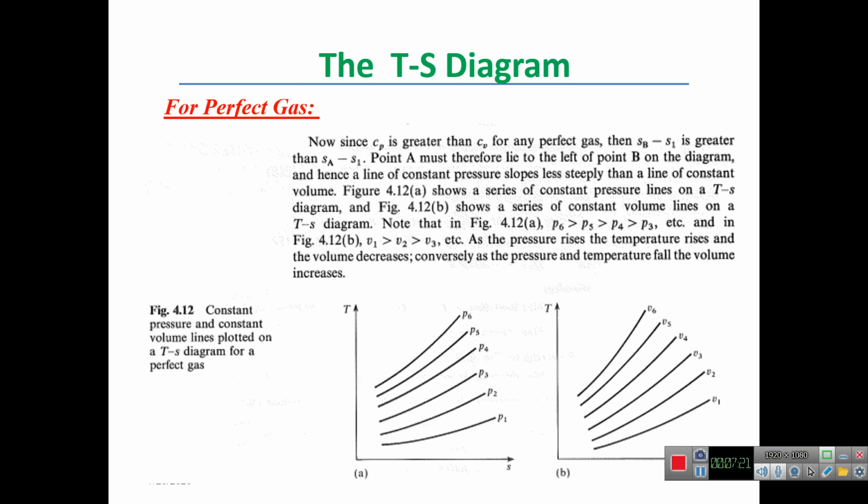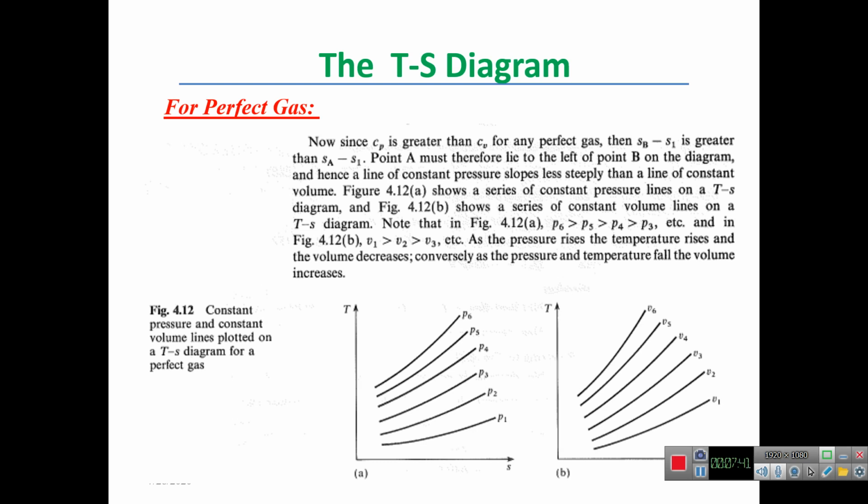Now, in these two figures shown at the bottom here, figure 4.12A and B, we have a series of constant pressure lines on 4.12A and a series of constant volume lines on 4.12B.